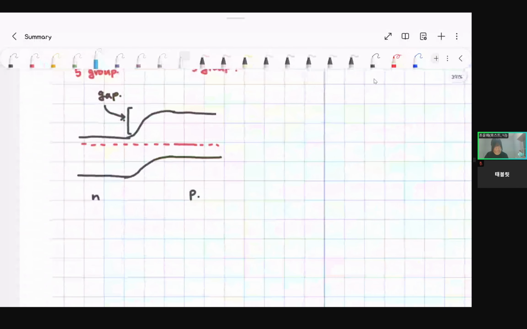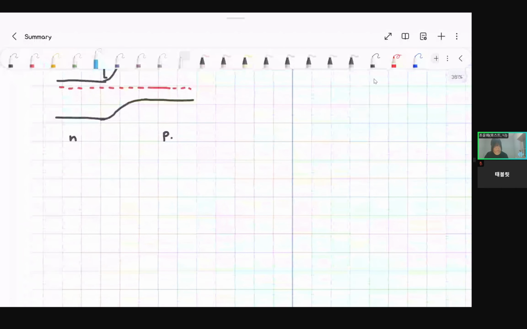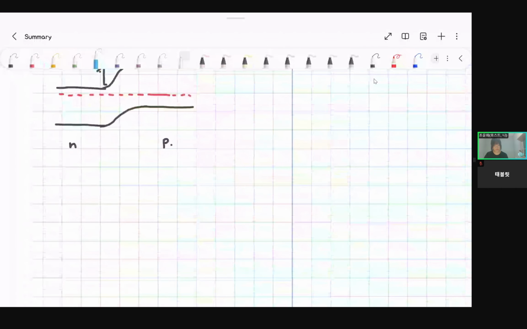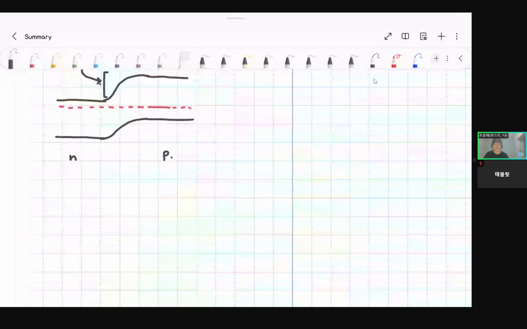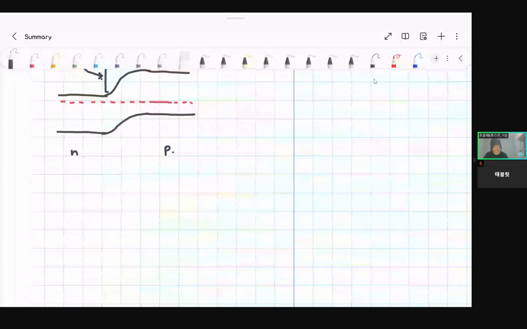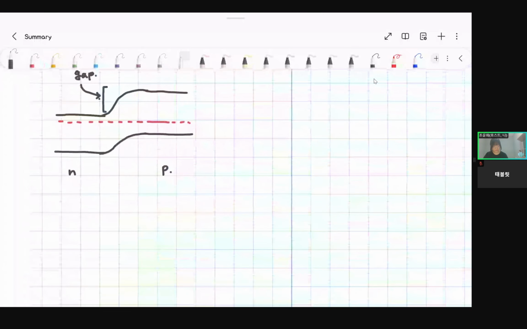Then first we have to discuss how to draw the PN junction. So we have to know how to draw the energy band diagram of the PN junction.